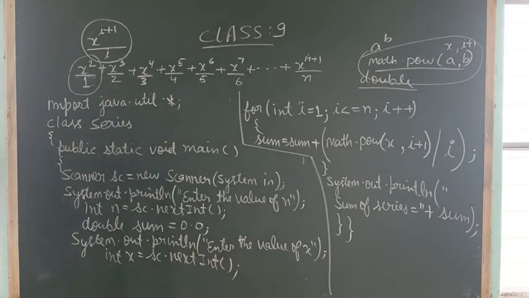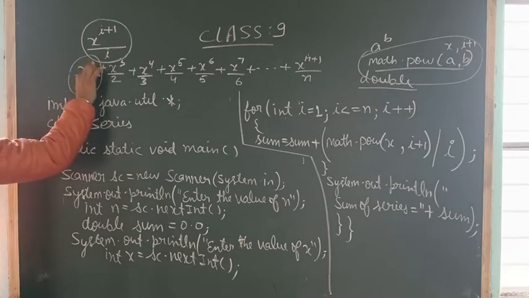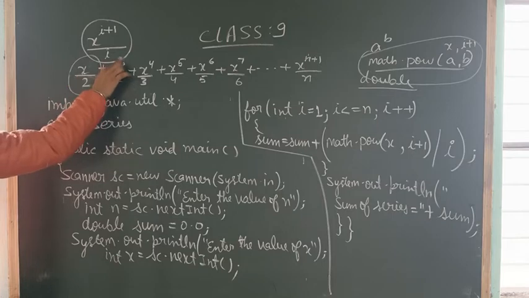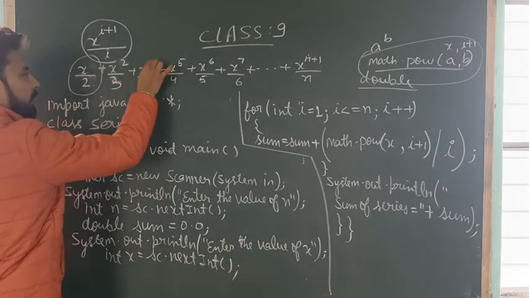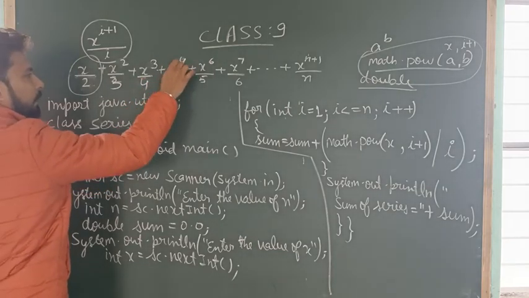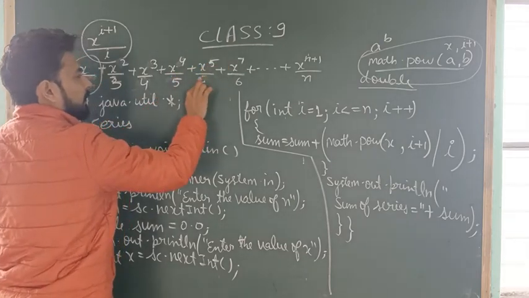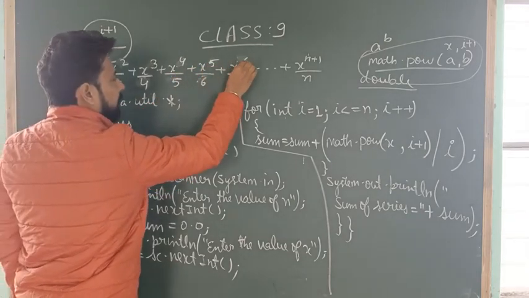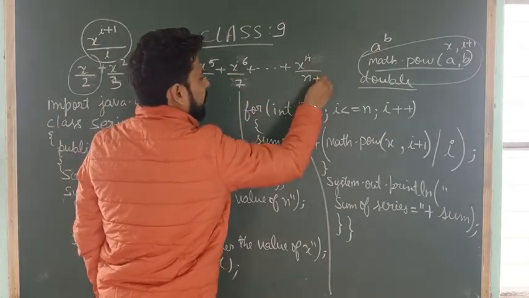Sometimes it may be written like this also: x raised to the power 1, here 2, x raised to the power 2, here 3, x raised to the power 3, here 4, x raised to the power 4, 5, 6, 7, here n plus 1.